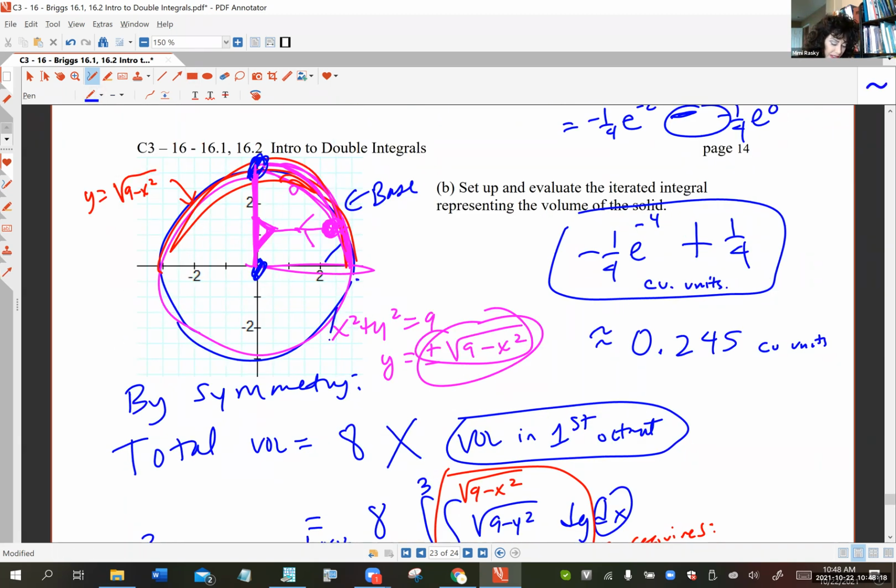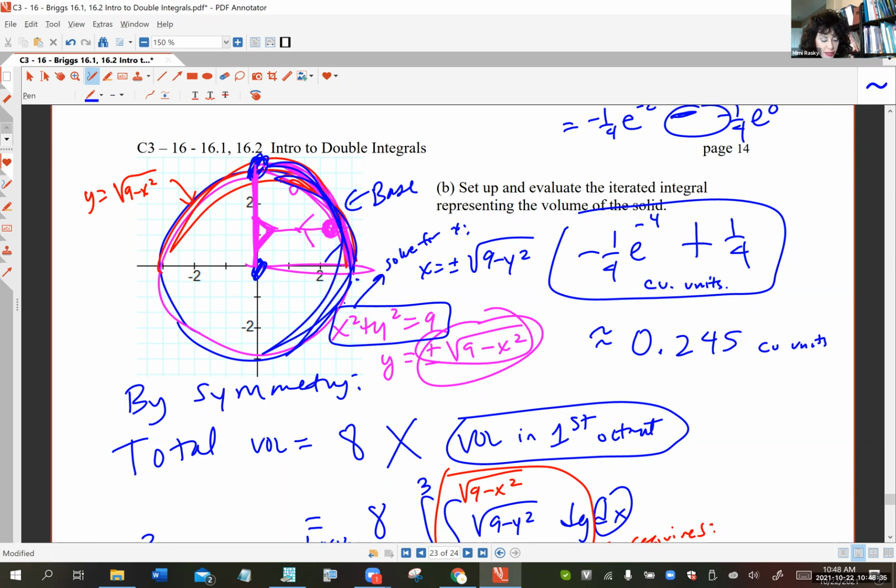Instead, you'll take the circle equation, which this is, and you'll solve it for x instead. And you'll get plus or minus the square root of 9 minus y squared. And if you graph the plus version, that's the right half semicircle.